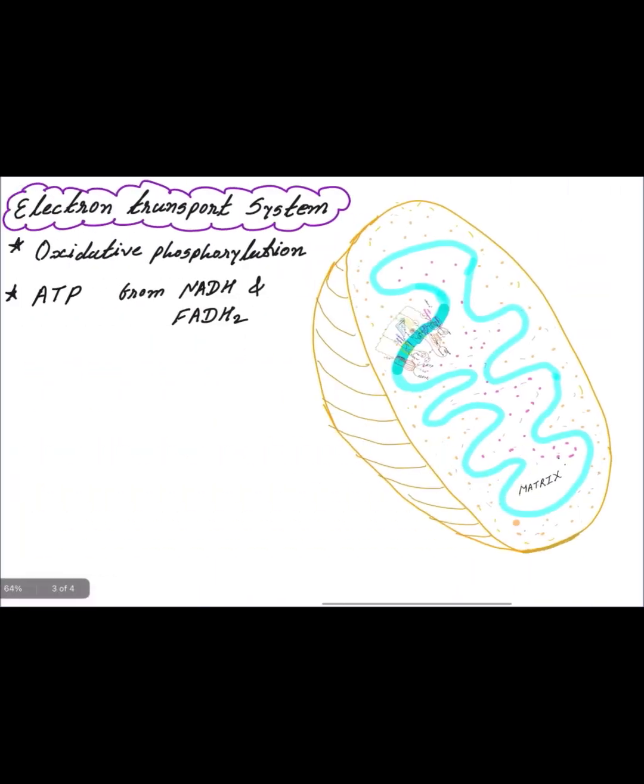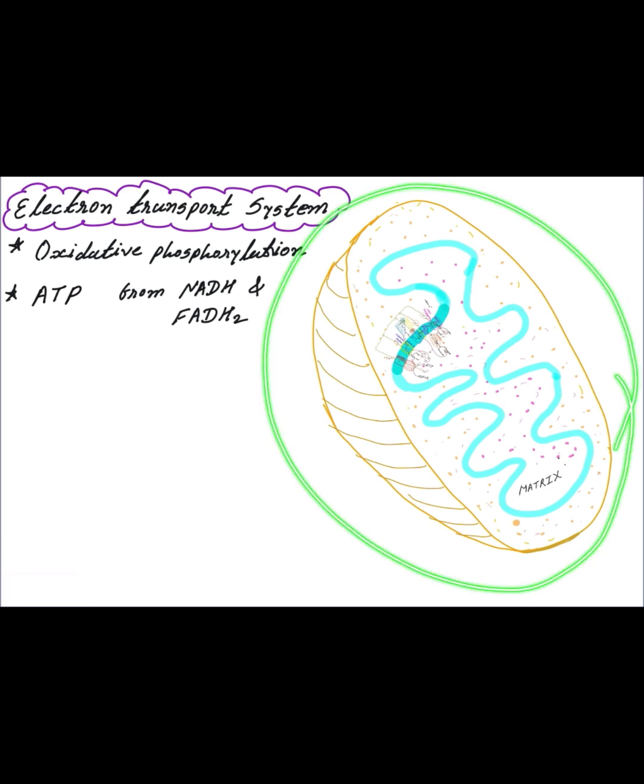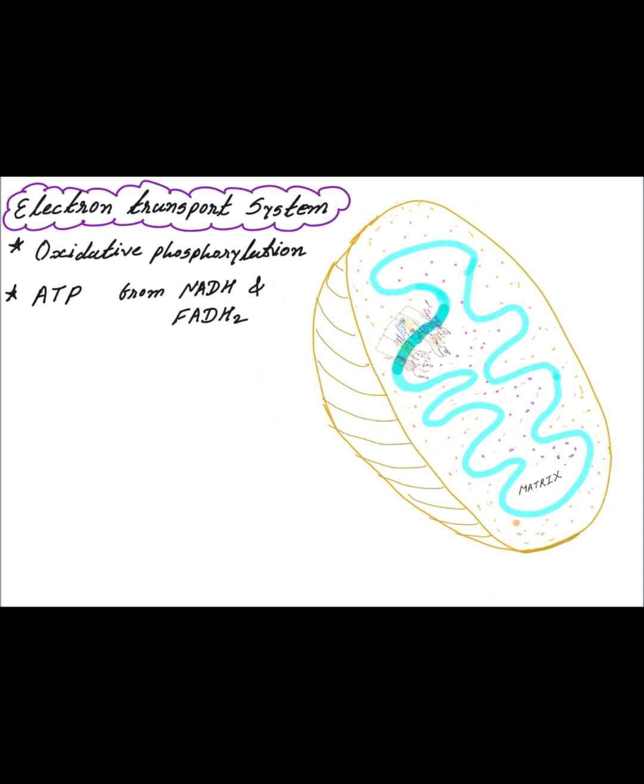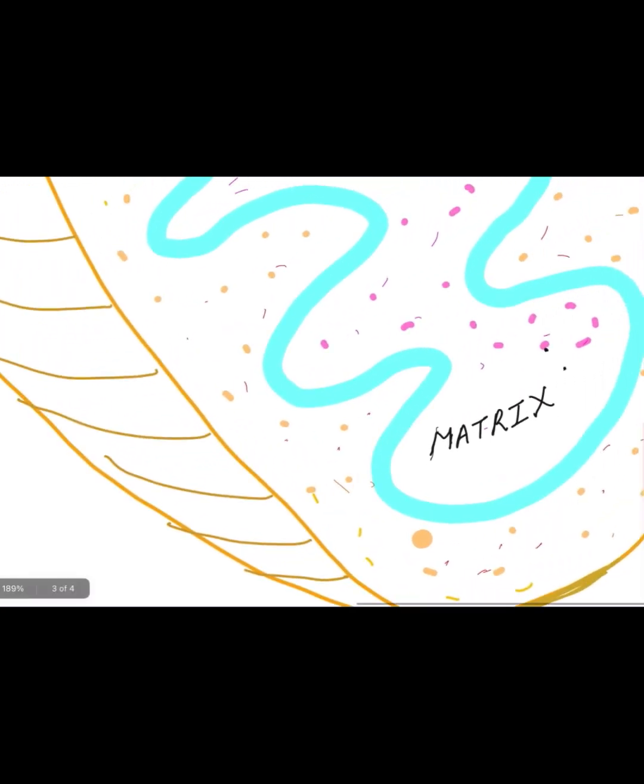So let's see the mitochondrial matrix first. This is the structure of mitochondria. We know that mitochondria is a double membrane structure. This one, brown color, is the outer mitochondrial membrane. This sky blue color is the inner mitochondrial membrane, and the pink dots inside the inner mitochondrial membrane, this region is known as the mitochondrial matrix.